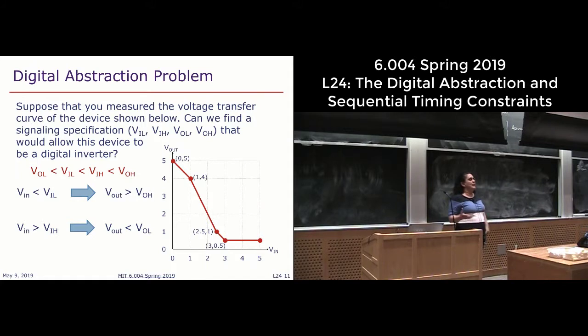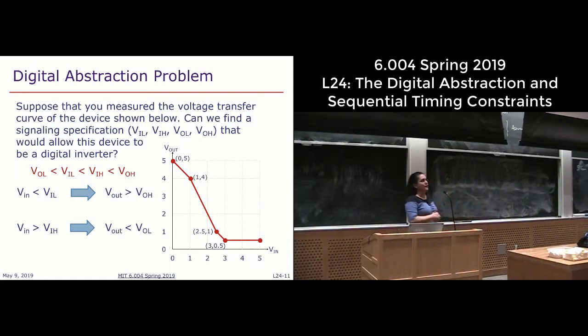Now in general, I want to try to think about maximizing these noise margins, right? I want to give myself as much room as possible to deal with noise. And so I'd like, ideally, my VOL to be as low as possible, and my VOH to be as high as possible, right? So looking at this graph, I see that the lowest output that it produces is 0.5 volt, okay?